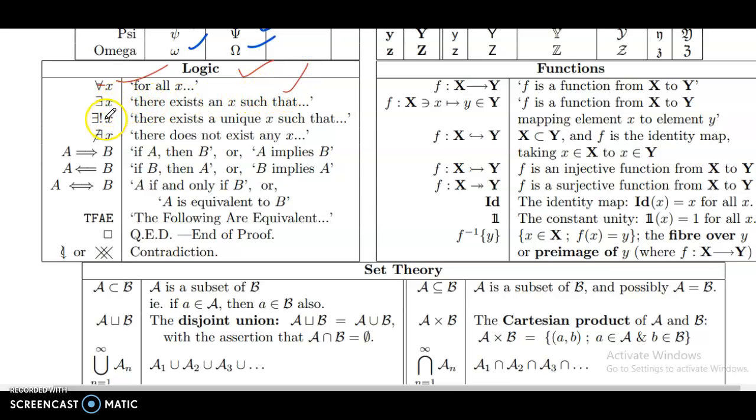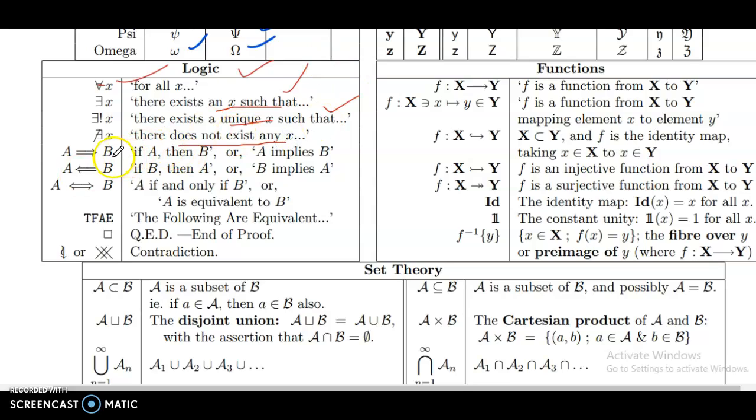Here with the exclamation mark, there exists a unique x such that. And with a slash, there does not exist any x, meaning no x exists.